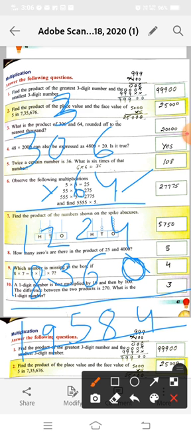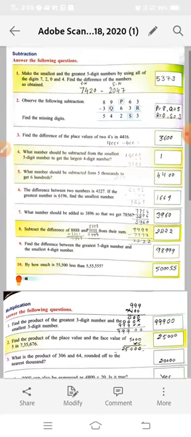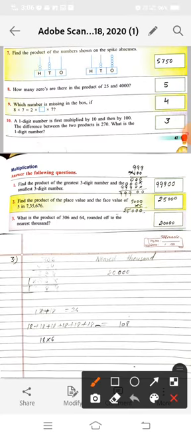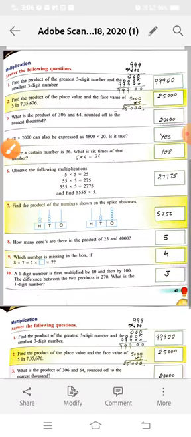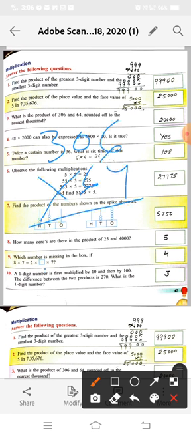Okay, so now here, children, look, what we got after the addition, the answer comes 19,584. Now the question is asking to round off to the nearest thousand.